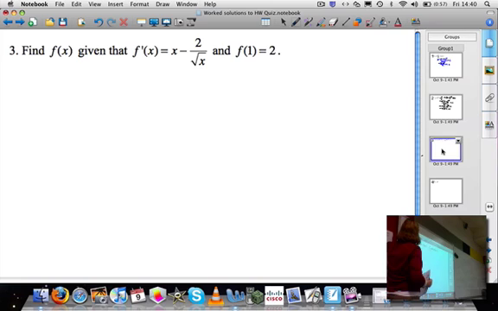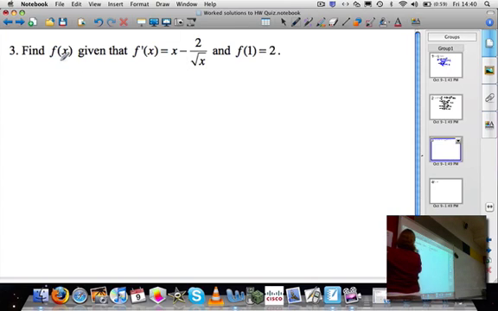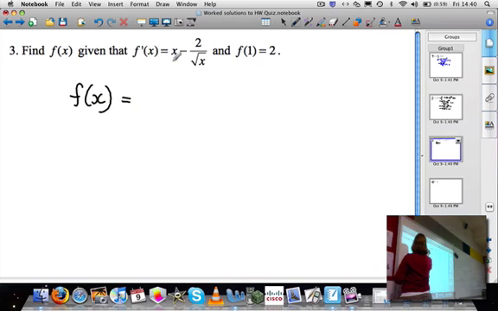So this one, we're given a couple of things. We're given the derivative and we're also given an initial value for the function. We're told that when x is equal to 1, this function is equal to 2. So we've got to first of all integrate this so we can get back to f of x. So f of x is equal to, the integral of x is just x squared on 2.